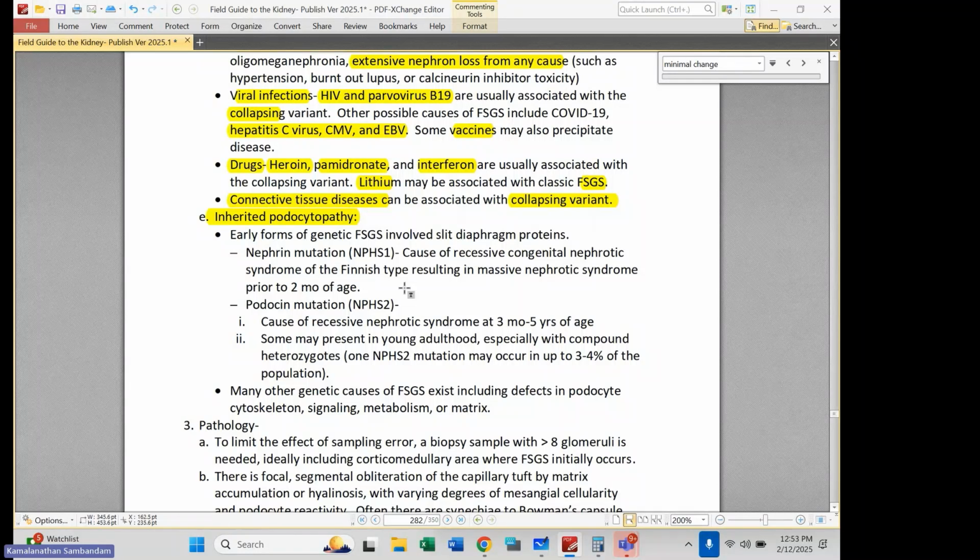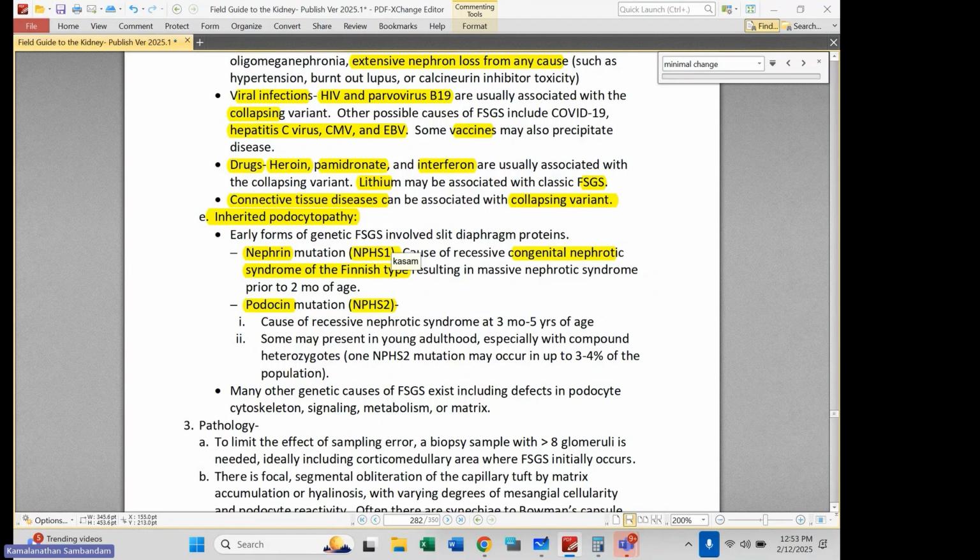Now, moving to the inherited forms, in general, these are podocytopathies. That is, they're genetic defects in podocyte biology. But that's a bit of an oversimplification. But that's where the focus lies, okay? The earliest genetic forms of FSGS are associated with these important proteins for the podocyte slit diaphragm, nephrin and podocin. This nephrin mutation also refers to the congenital nephrotic syndrome of the Finnish type.